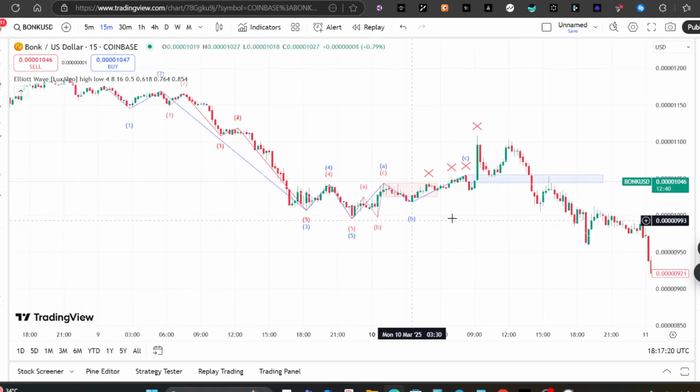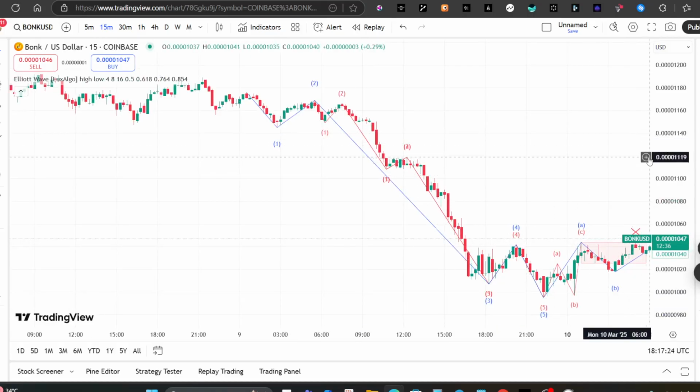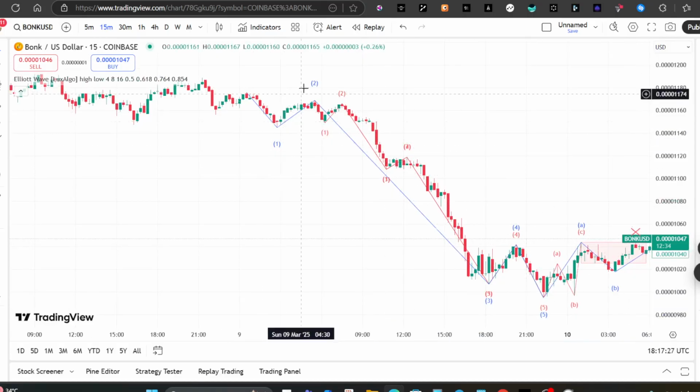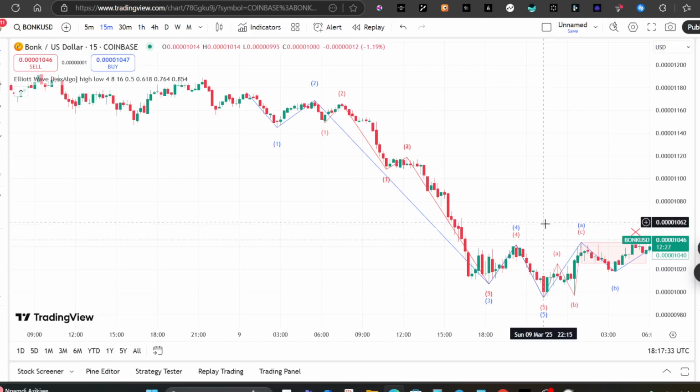In the standard Elliott Wave theory, the market moves in 5 waves, right? 1, 2, 3, 4, 5. Each wave has a specific role in the market cycle, but sometimes one of these waves extends beyond its usual limits, and that's where we get the Elliott wave extension.